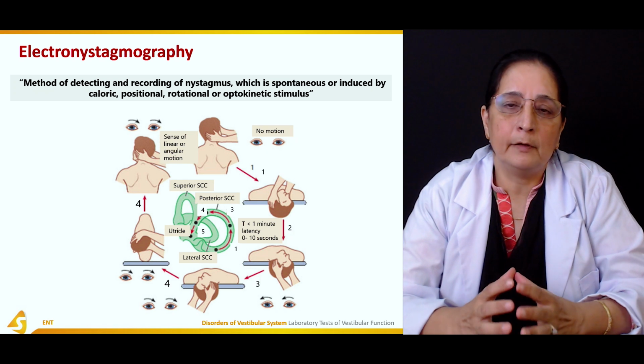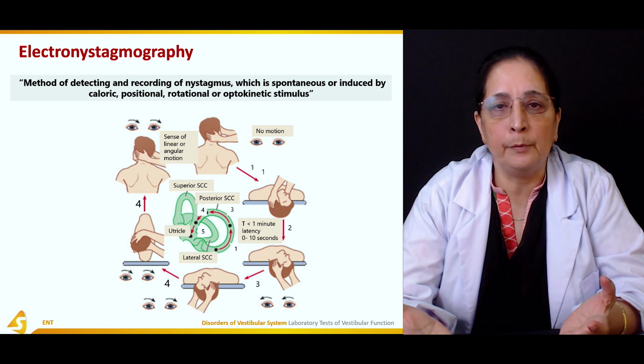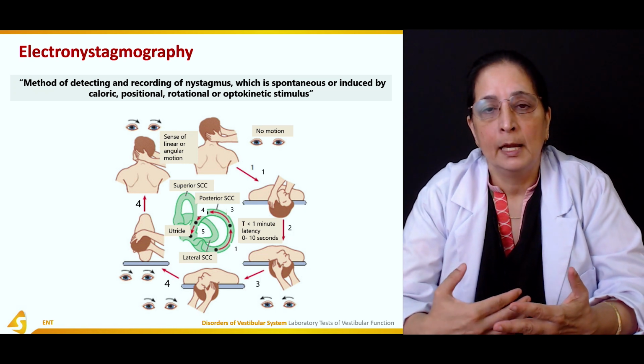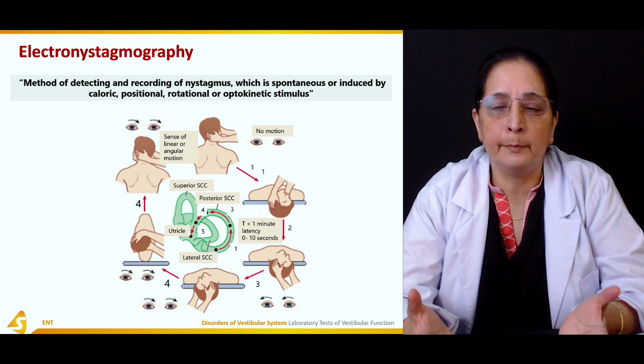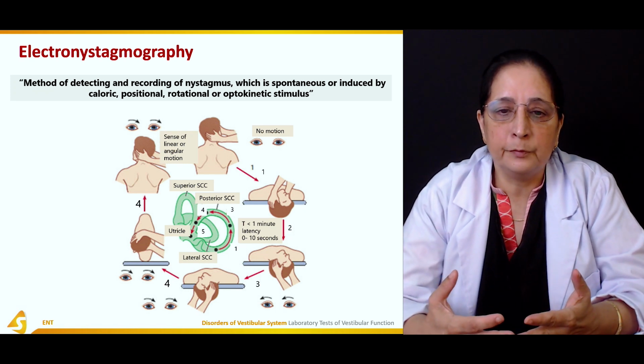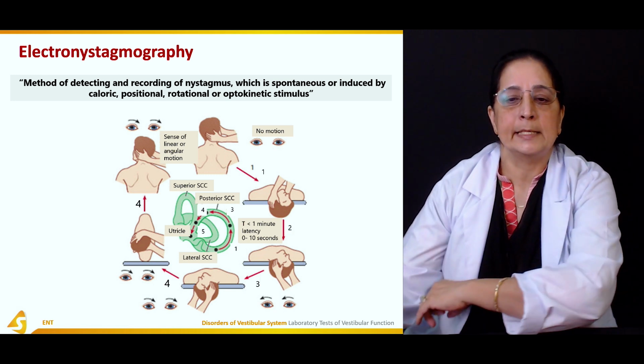Nystagmus can be induced by any means. It can be by caloric test, which we already talked about. It can be by obtaining different positions, by rotations, or by optokinetic stimulus.